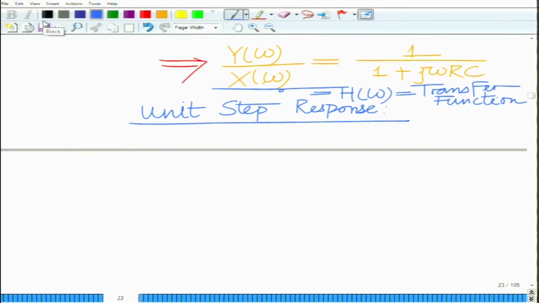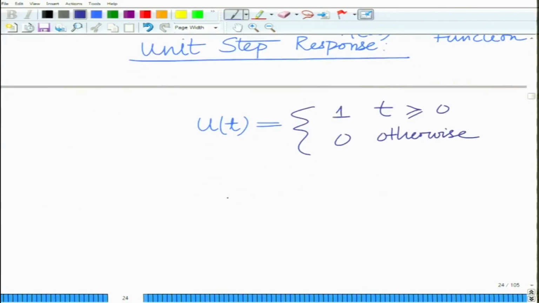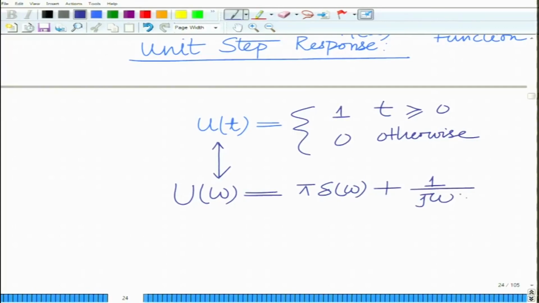And now for the unit step response, consider the unit step function u(t), which is equal to 1 for t greater than or equal to 0 and 0 otherwise. This is your unit step signal, and if you take the Fourier transform of this, U(omega), we already know this is pi delta(omega) plus 1 over j omega.